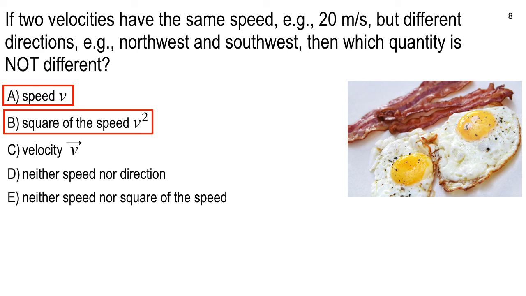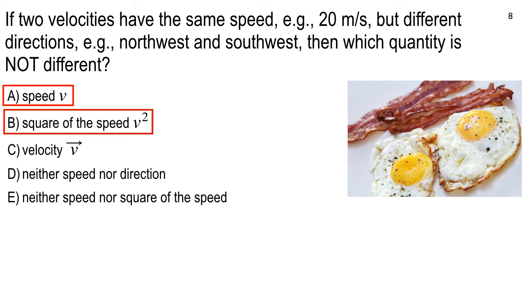All right. So now here's your spread. A few of you were voting for E, neither speed nor square. That is not true. Neither speed nor square of the speed, because E implies that speed is changing and square of the speed is changing.